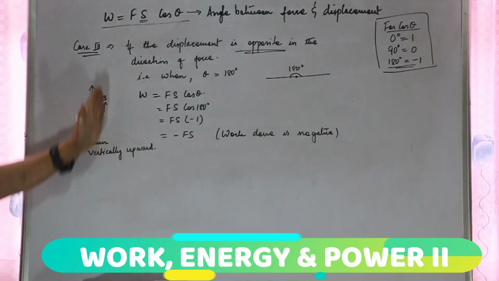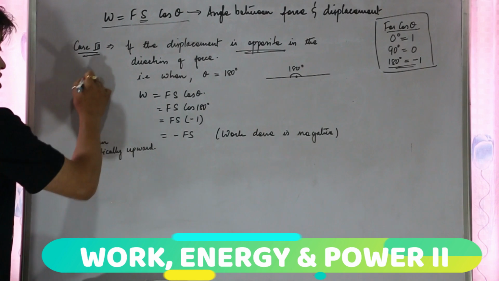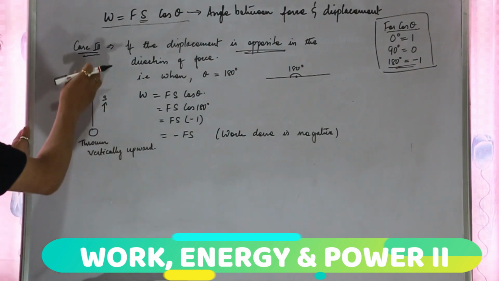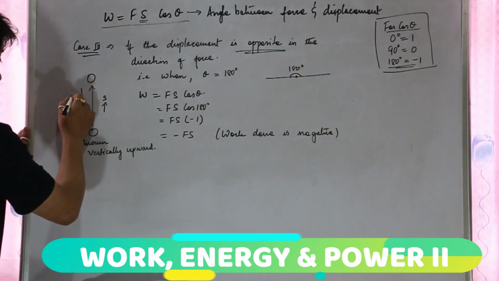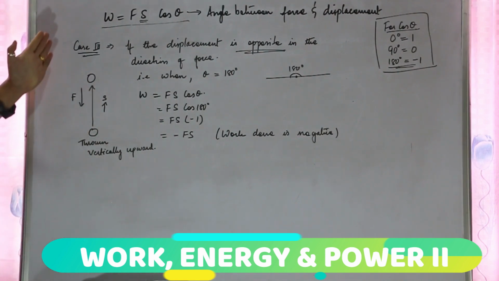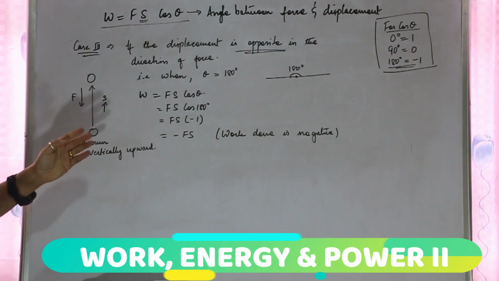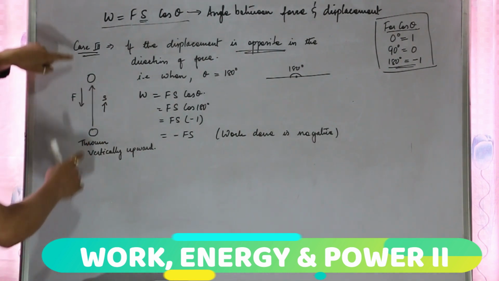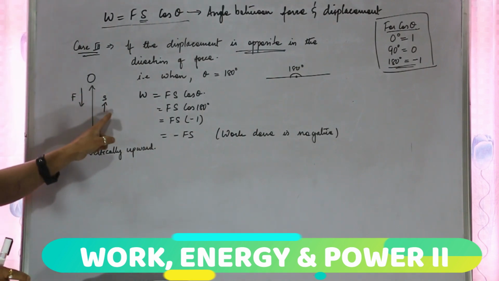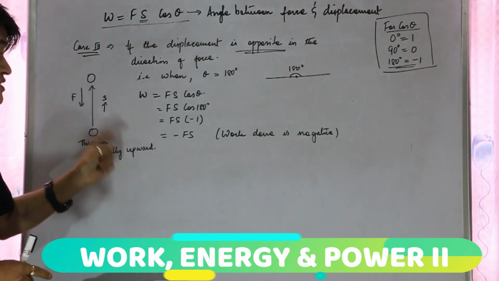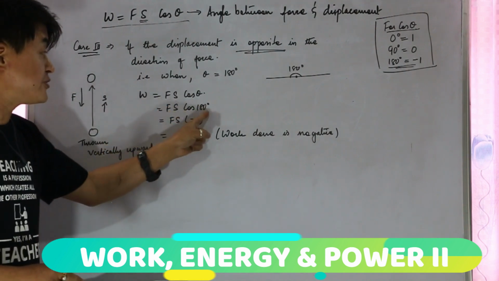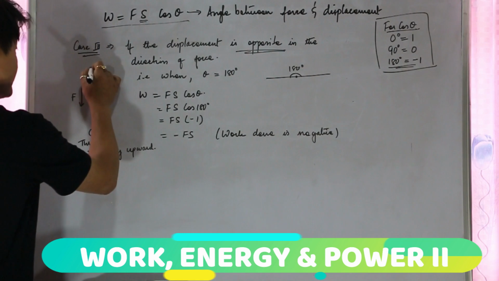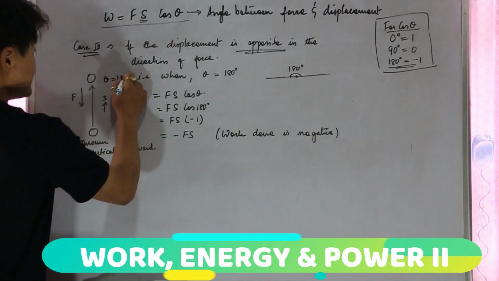The ball is going upward, but the force of gravity is pulling the ball in the downward direction. Here the force and the displacement are in two opposite directions. When the force and the displacement are in opposite directions, the angle formed between them, theta, will be 180 degrees.